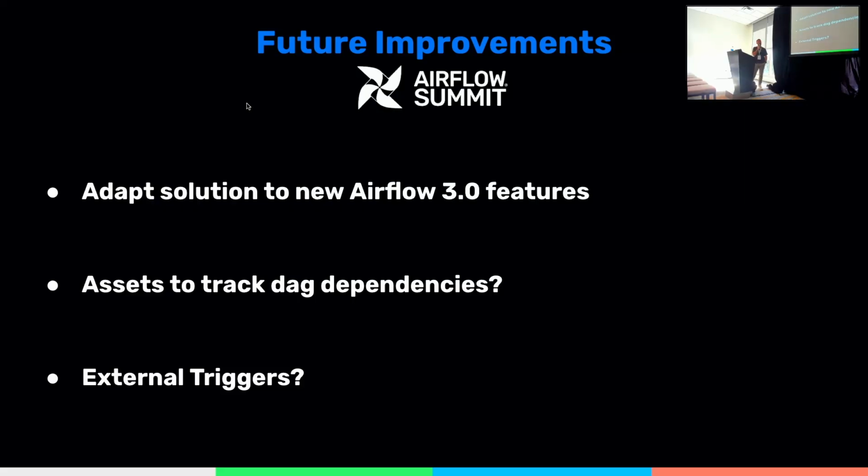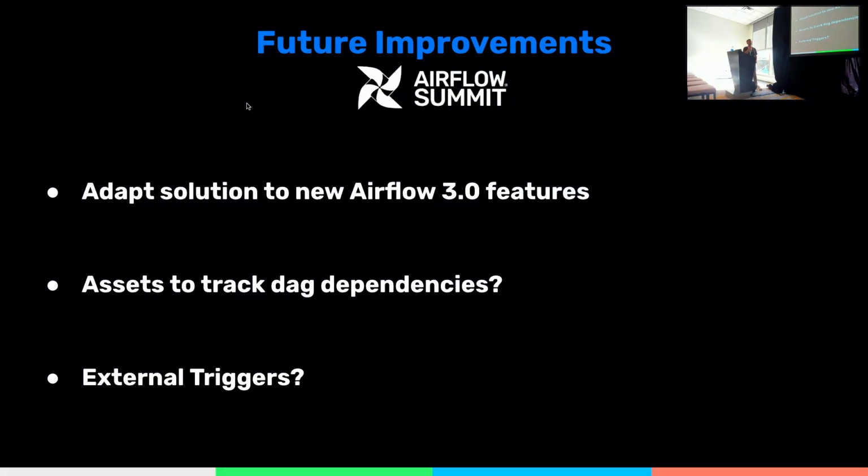I didn't try it, but as I mentioned, from the manifest I can extract everything. I can extract not only the dependencies from my DBT tags, but also the dependencies from the whole DBT project. So probably using assets can be a good option to track DAG dependencies, right?